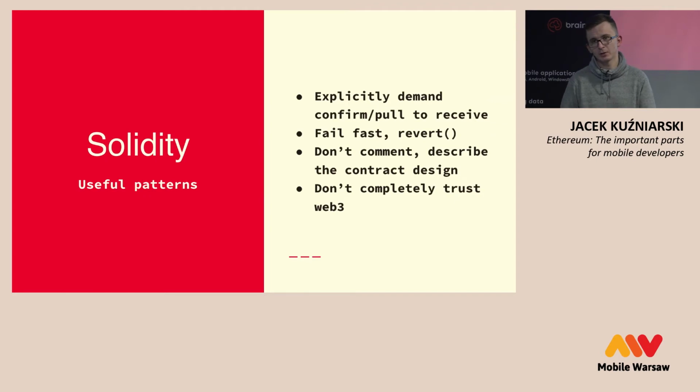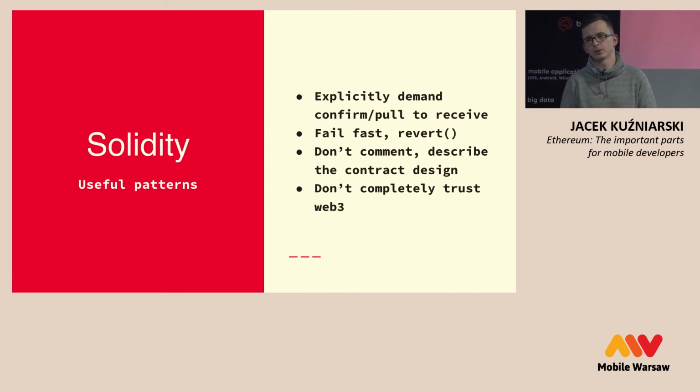When you want to write a contract, you should explicitly demand, confirm, pull to receive. So if you want to send some funds or some crypto, you should demand that someone pulls for it. If there is crypto locked for someone, he needs to trigger a function. You should also fail fast and revert.